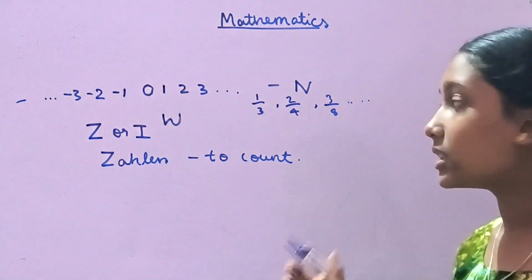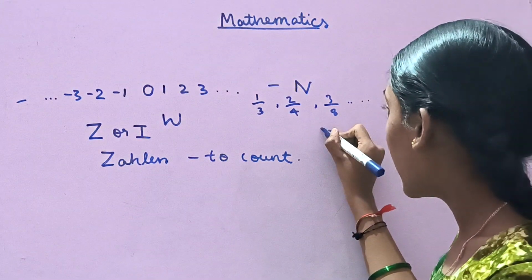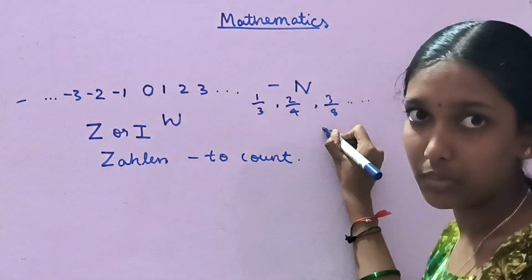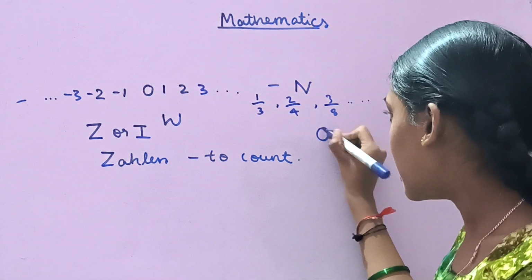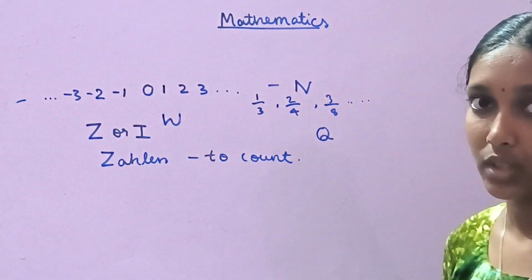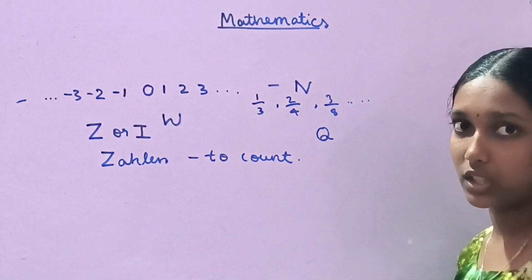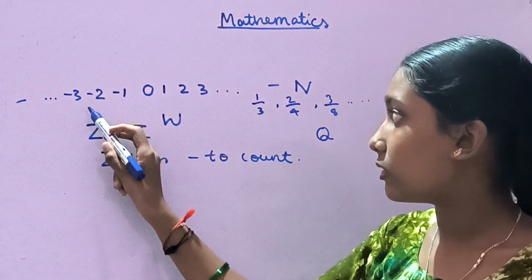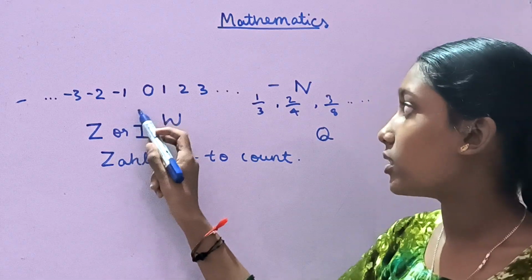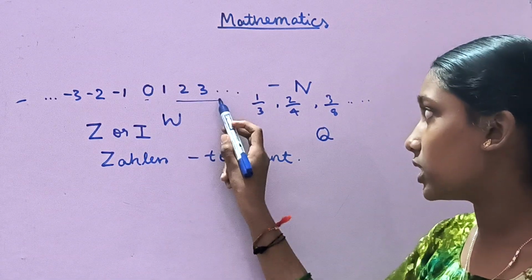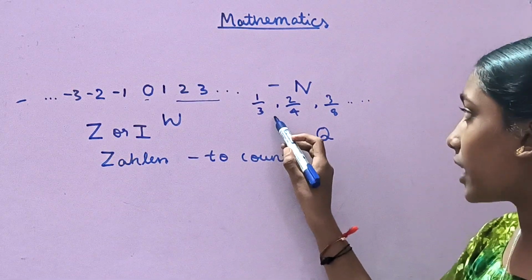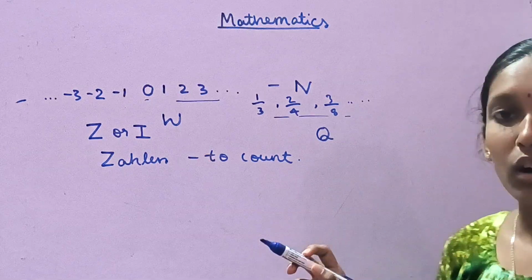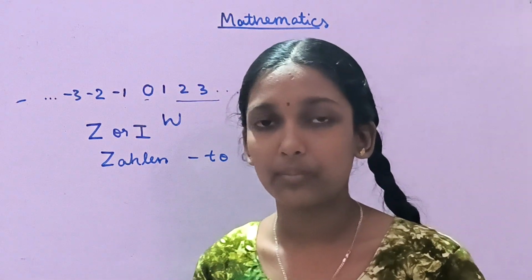These numbers are called rational numbers, which are denoted by the symbol Q. Q means quotient. These numbers, which are negative numbers, whole numbers, natural numbers and rational numbers, all come under real numbers.